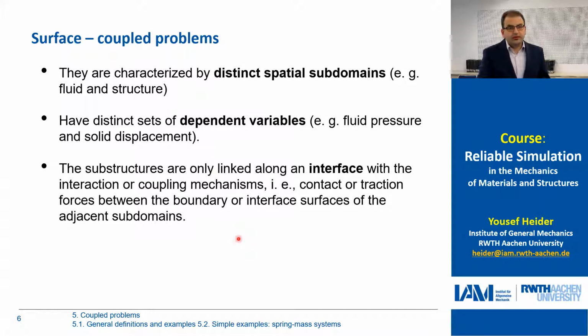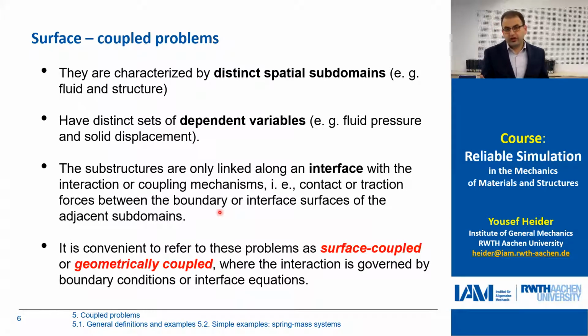So the substructures are only linked through the interface. So they are not inside the material; it's only on the interface. And this is represented by the contact. So if we have like a fluid flowing on the surface, then we have maybe some kind of shear and interaction. So you have also normal forces. And this is the interface.